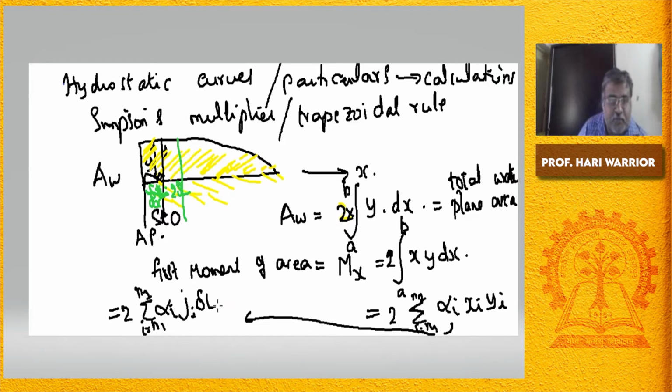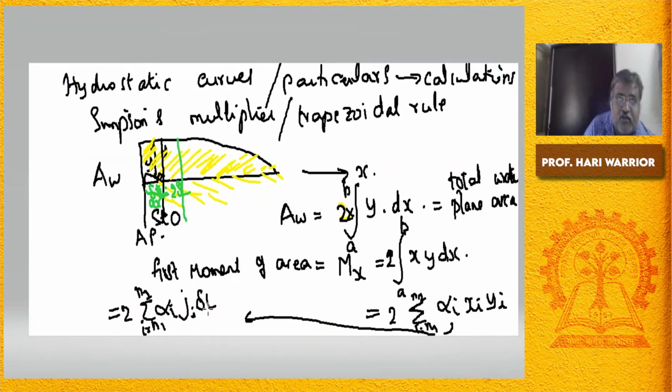Something is missing. What should I put here? One more thing I should put here, no? What should I put here? This is what I am writing here. Alpha I is alpha I, 2 is 2, then xi is, no, xi is ji delta L, because xi is the position of the ith station.